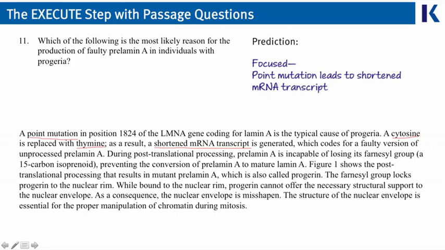Have some caution when we move into the answer choices. Whenever dealing with molecular biology and the processes of transcription and translation, it's important to keep these processes straight. Expect that wrong answer choices here may allude to translation instead of transcription, especially because the passage seemed to focus on post-translational processing, although the underlying mechanism here is actually a problem during transcription.